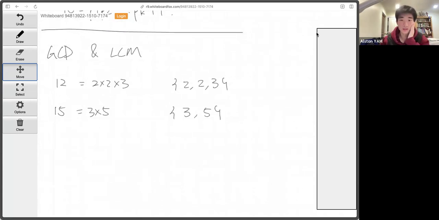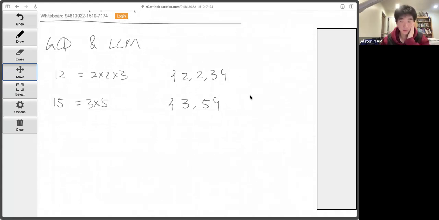Well, what we need to see is that we want to construct another number. Let's just look at the GCD, such that the GCD will divide exactly into this number and will also divide into this number. That is the set we're trying to construct. How do we actually have division in this notation, right?